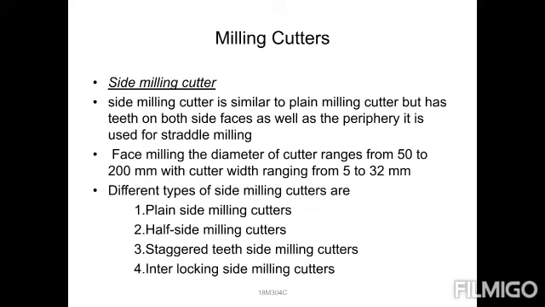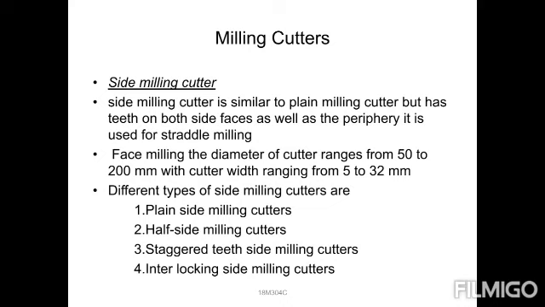Already we know heavy duty plain milling cutters, helical plain milling cutters, and side milling cutters. Side milling again has four types: plain side, half side, staggered teeth, and interlocking.